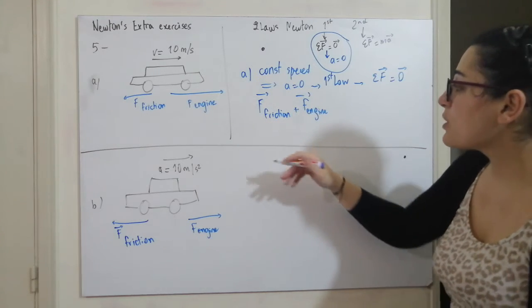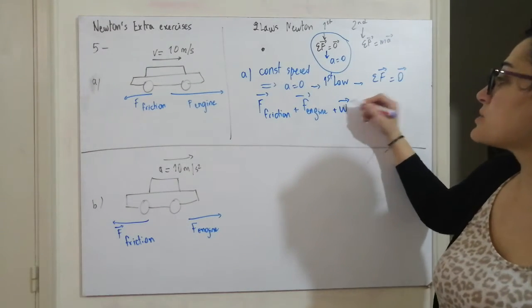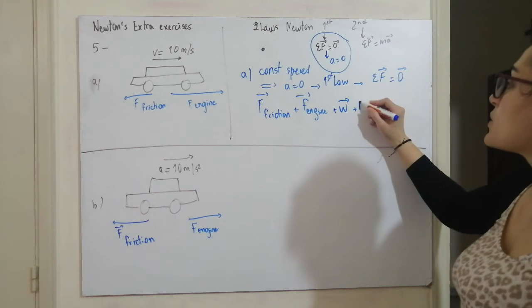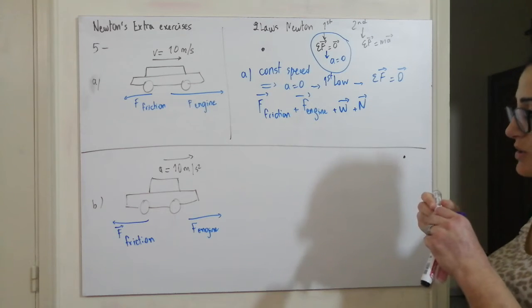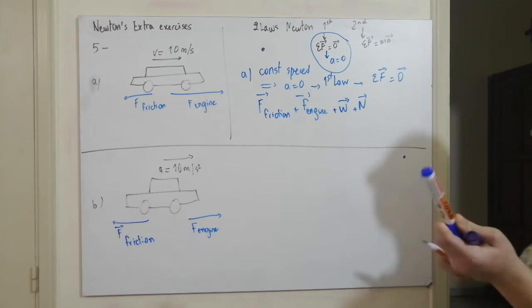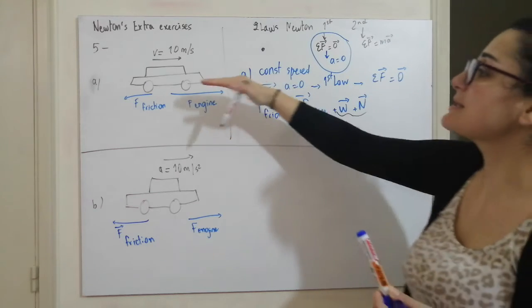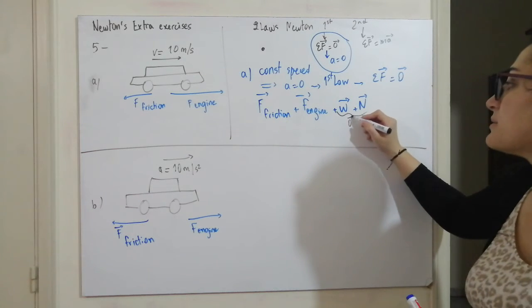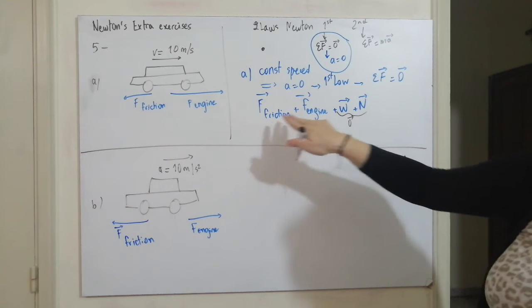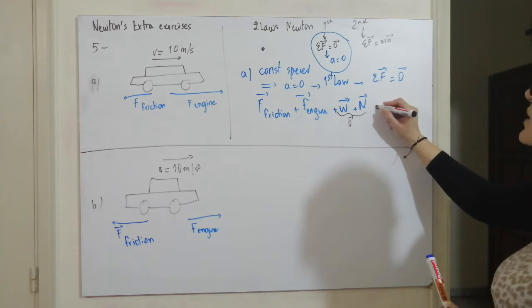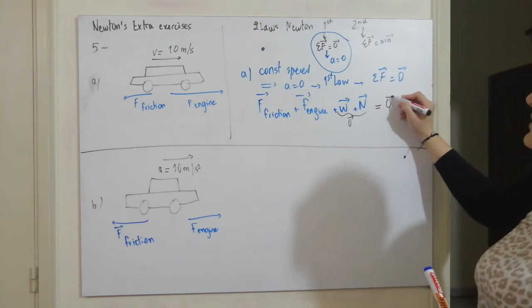You might say also that I have the weight of the car, which is totally correct, plus the normal force of the surface, which is totally correct. Now these two, as we always say, whenever you have a horizontal plane, they will cancel each other. So I'm left with F friction plus F engine. This one is equal to 0.